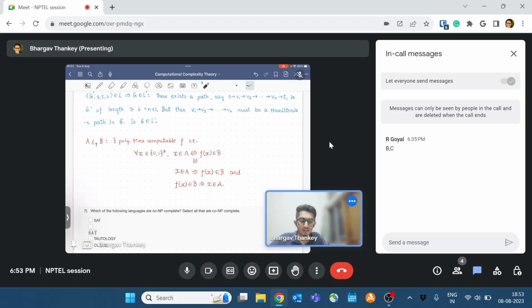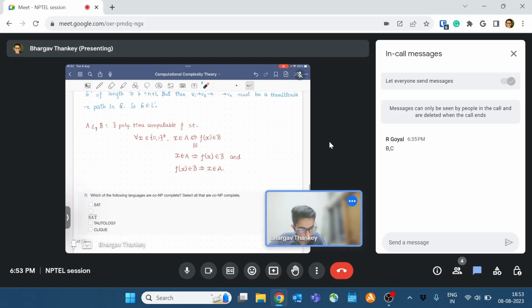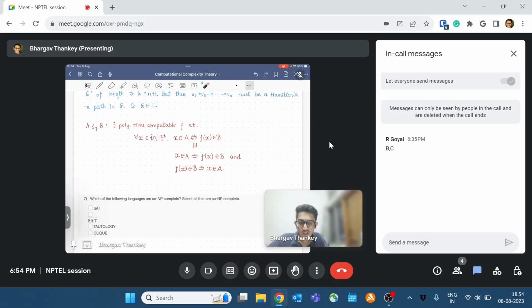The complement of this implies the complement of this, that is, x not in A implies f of x not in B. So we also need to show that.